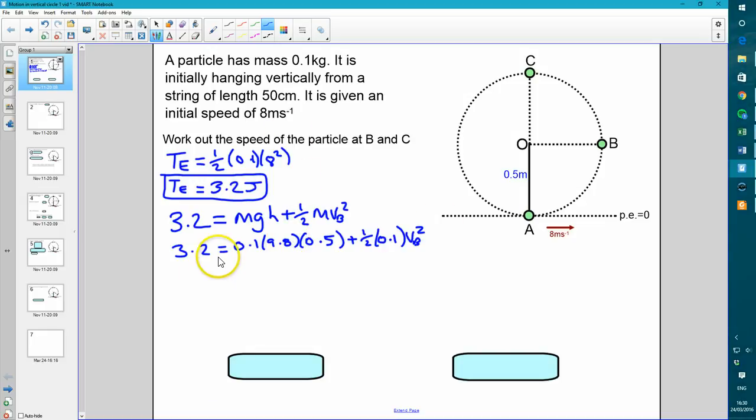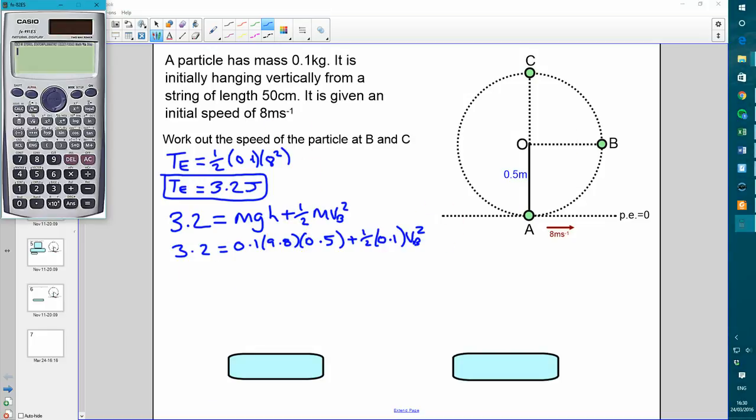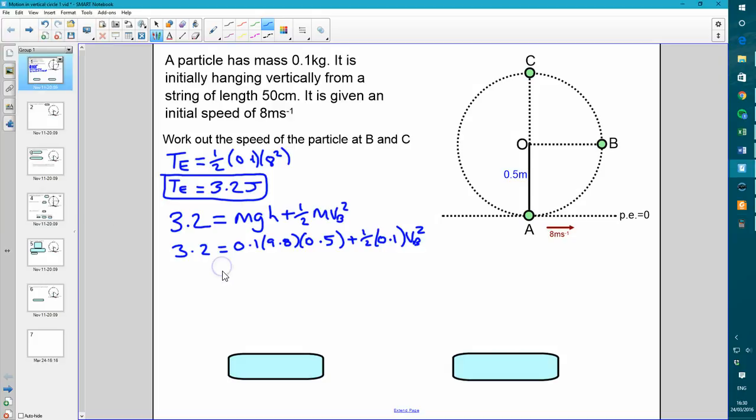So if I work this out, I've got my calculator this time. So we've got 0.1 times 9.8 times 0.5, that's going to be 0.49, plus 0.05 v squared.